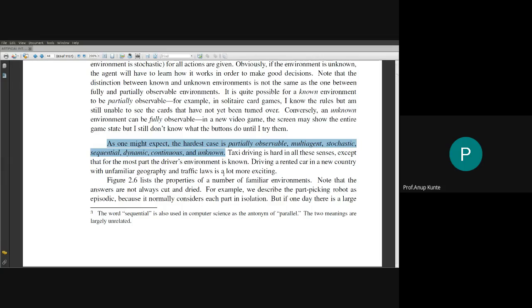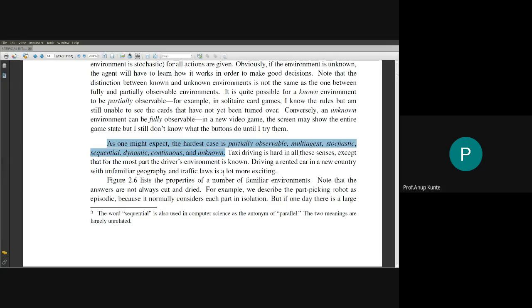So this is the way we need to attribute various characteristics or properties to each dimension while describing the given task environment to us for solving using AI technique.